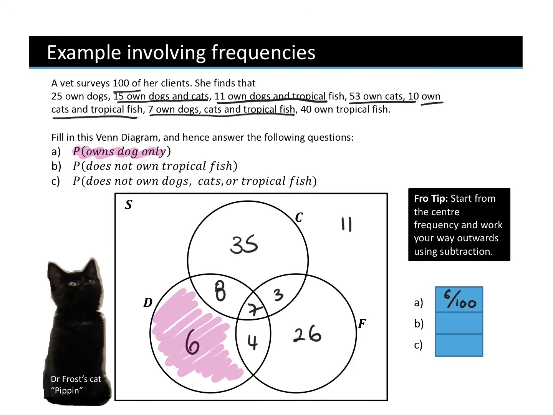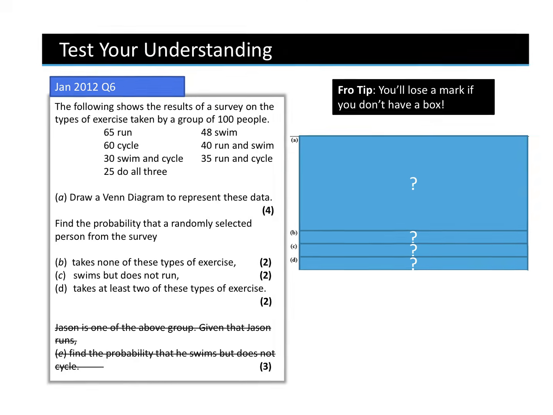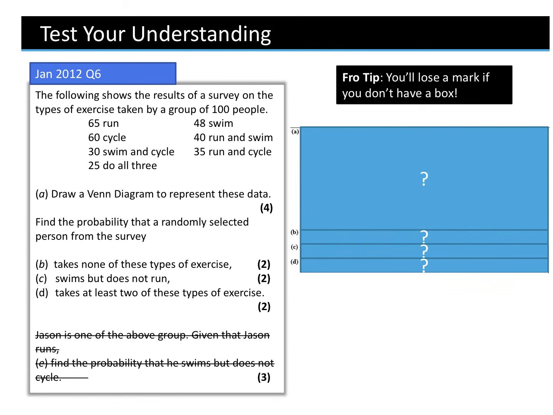Okay, so where does not own tropical fish? 6, 8, 35, 11, which is 60 over 100. And then lastly, does not own dogs, cats, or tropical fish? Well, it's 11 over 100. Fantastic, nice and easy. Okay, so what I want you to do is test your understanding with this question.